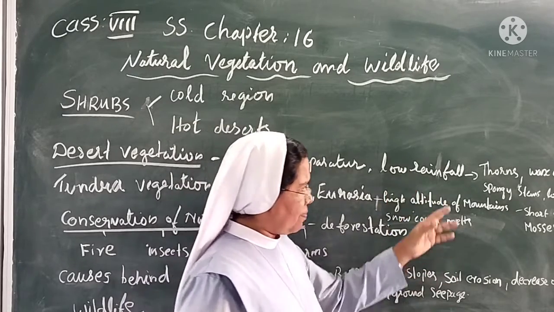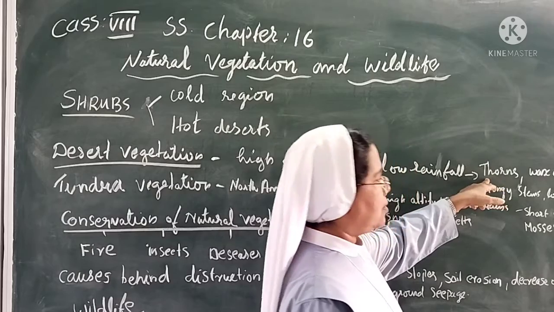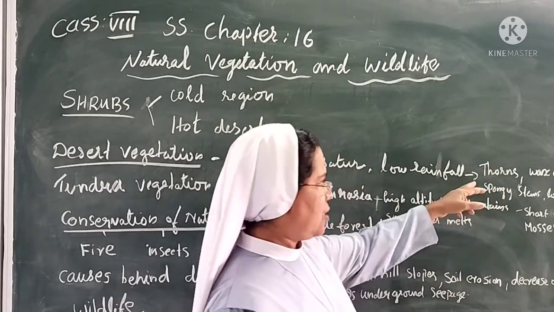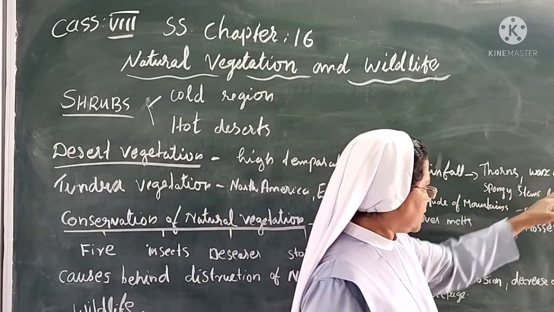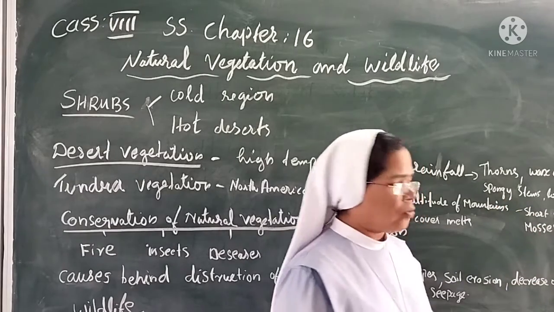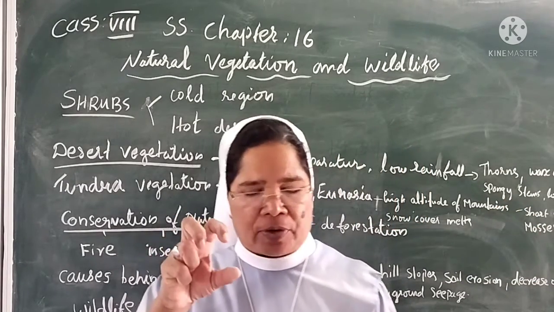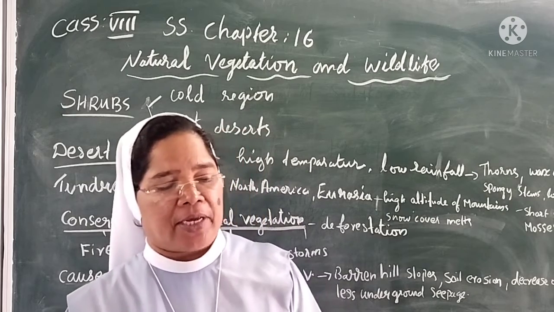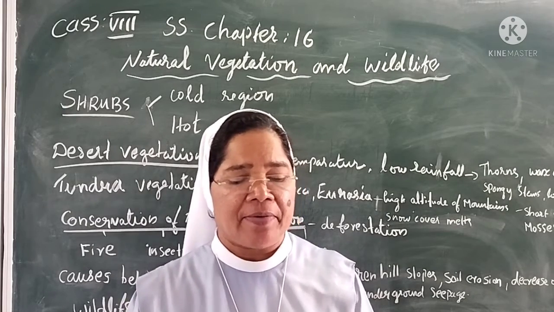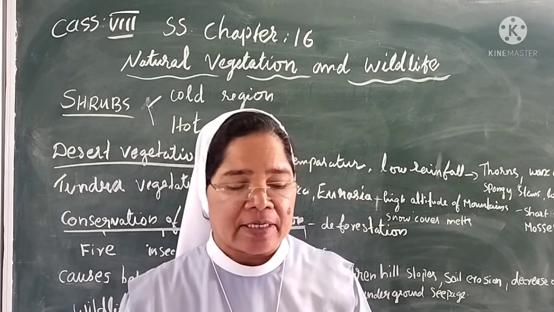Then there are some plants which have thorns, with small stems and long roots. Let us study desert vegetation again.